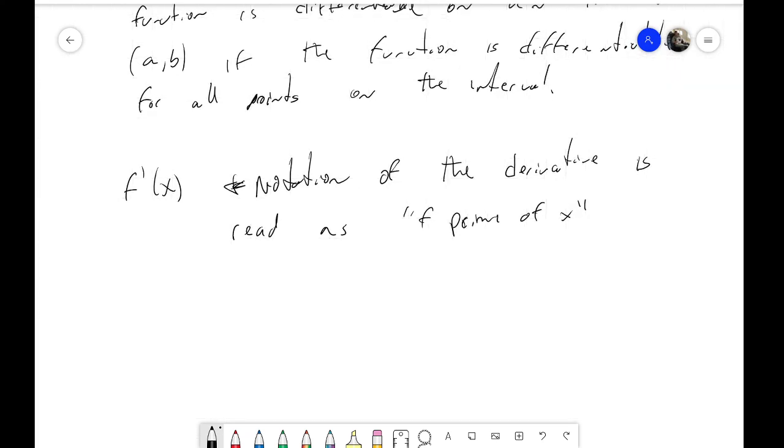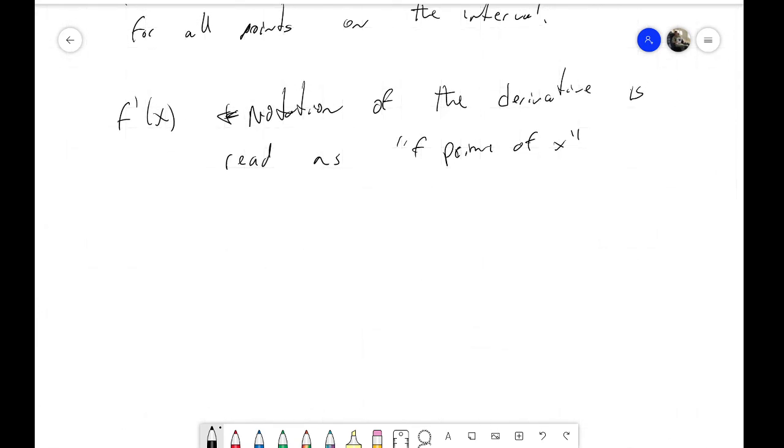There are other ways that you may see the derivative written down as far as notation is concerned. Different books use different notation. Different people that you may see on YouTube use different notations. So it's important that you are familiar with all of them, or at least the most common ones. So I'll just write all of them down. The one that I'll use the most is going to be f prime of x. You may also see dy dx.